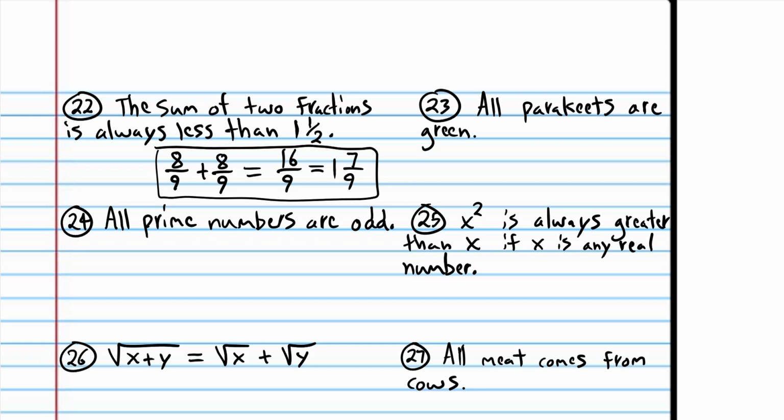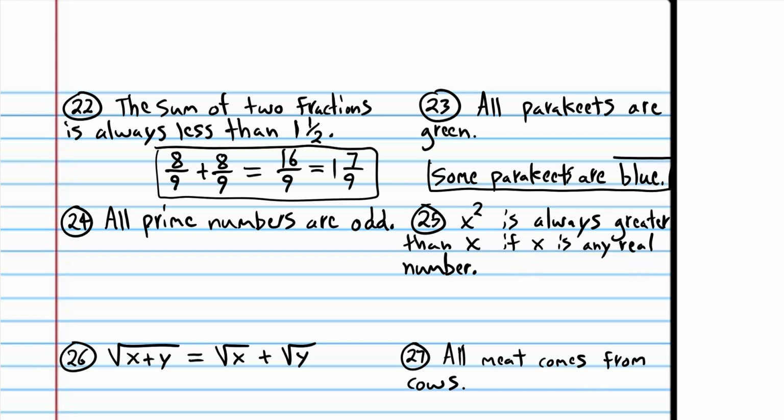Try 23. When you come back, we'll do it together. All right, we're back. So some parakeets are blue. Probably the most common color other than green is actually blue.